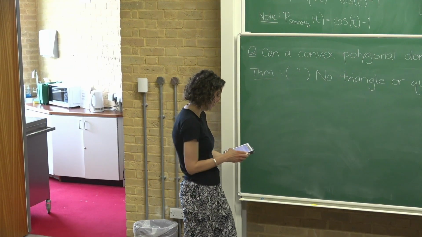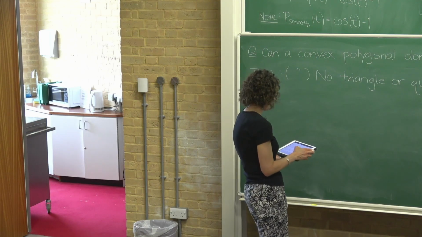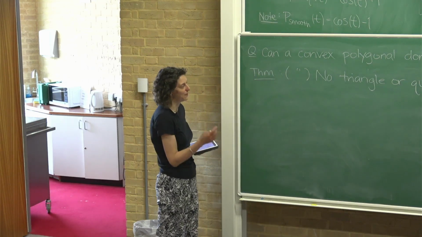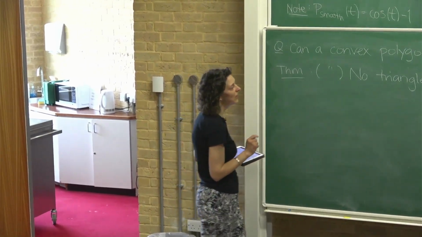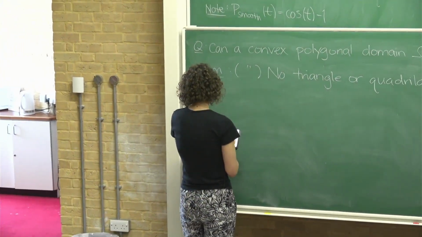So that would lead you to think, what happens for higher numbers of sides? And I'll just tell you a couple things.